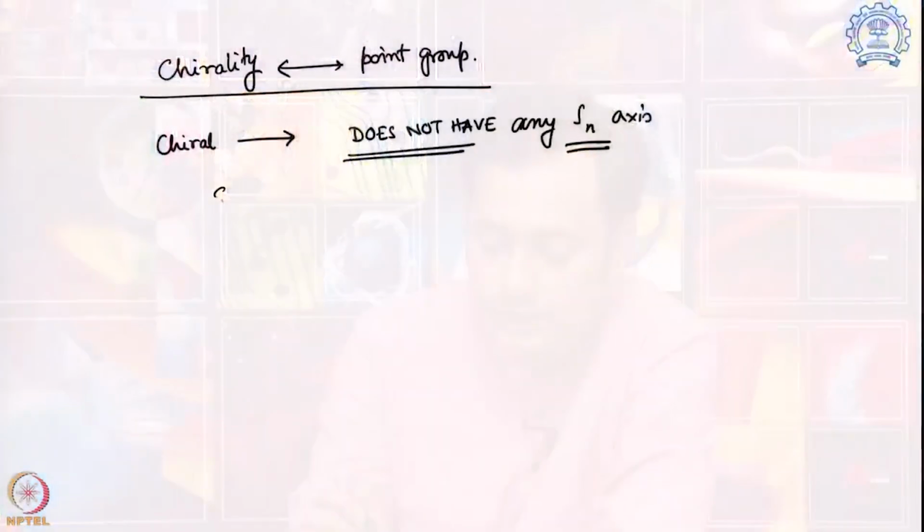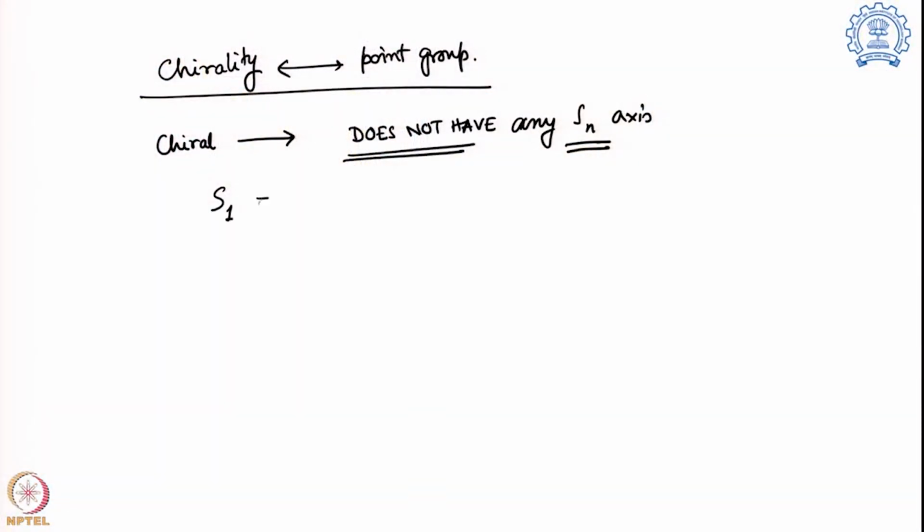This can be simplified: S1 means a sigma plane, so if you do not have a sigma plane, there is a chance that you are going to be chiral, and S2 is the center of symmetry, so there is also a chance you have a chiral molecule if you do not have a center of symmetry.